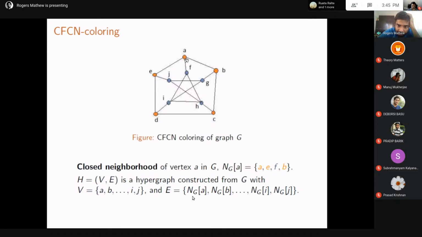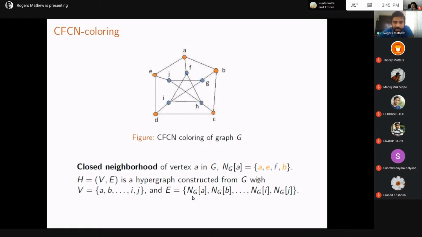If you look at vertex A in this graph, I use this notation to denote its closed neighborhood, which contains its neighbors E, F, and B, plus itself, A.